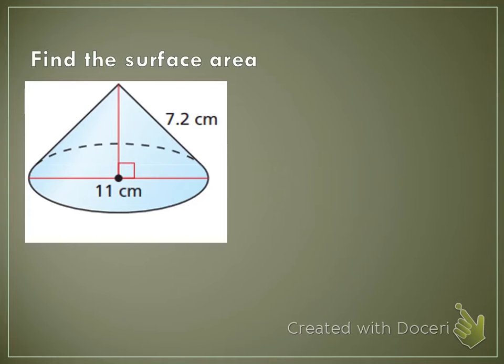You can round to the hundredths since pi is rounded to the hundredths. Correct. Yep. Good. So surface area is pi r squared plus pi rl.